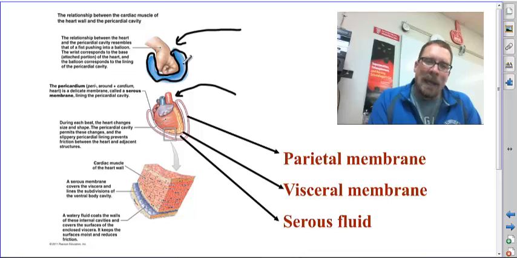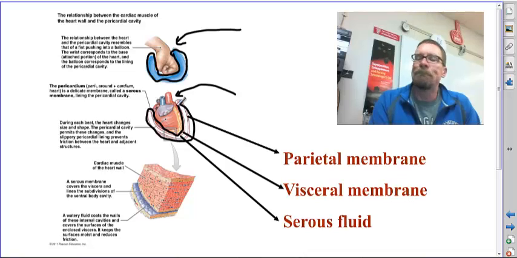What happens here then is the internal, what's known as the visceral membrane, because it's attached to the viscera, is there to protect the organ itself and attach to the organ, so that the rest of the membrane, the parietal outside layer, is attaching to the body cavity to anchor it in place, so it's not bouncing all around.